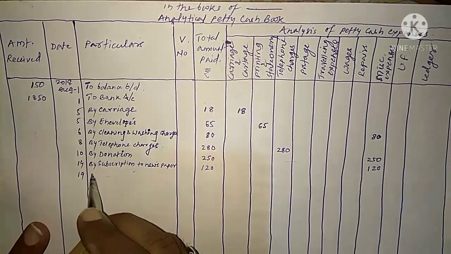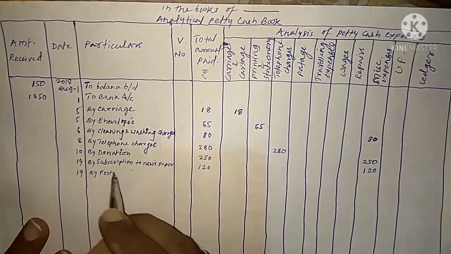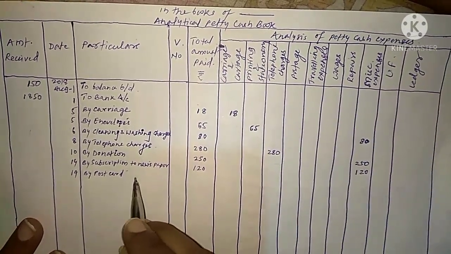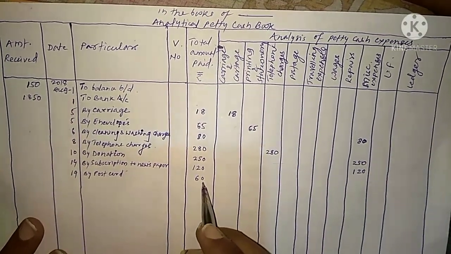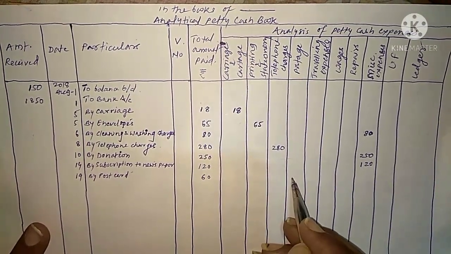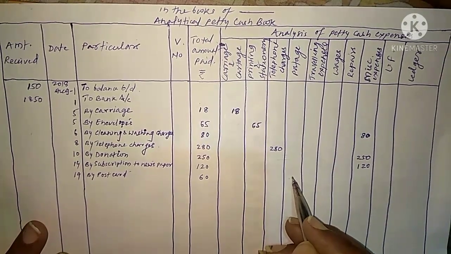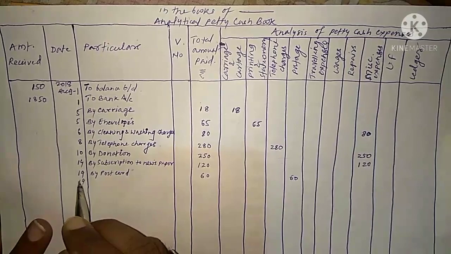So first here we have to write by postcard. Postcard amount is 60. So this 60 rupees again we have to show to the accounting head, that is the postage, 60 rupees.